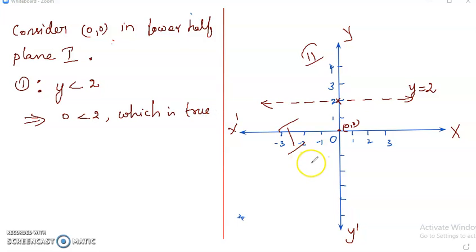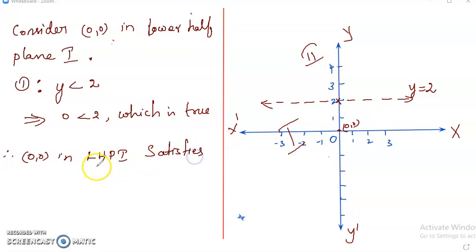So the point 0, 0 in the lower half plane 1 satisfies the inequality. Therefore, the point 0, 0 in lower half plane 1 satisfies inequality 1.